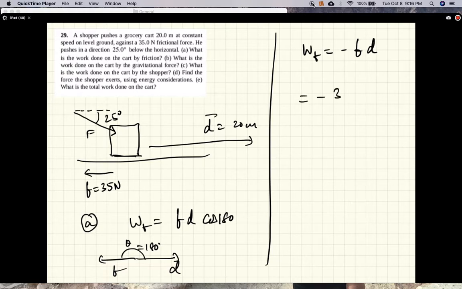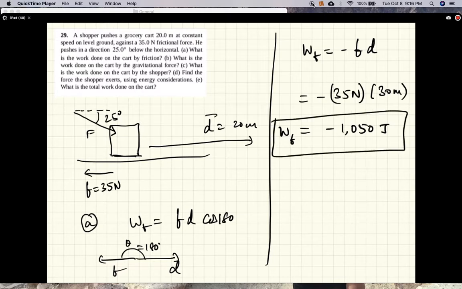And so this is 35 newtons times 30 meters. Okay, that's the work done by the friction force.